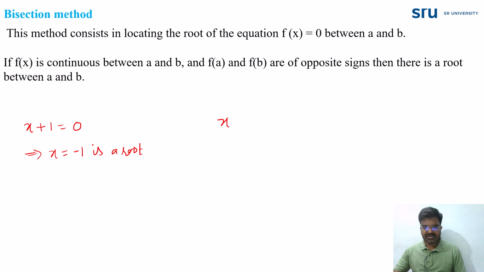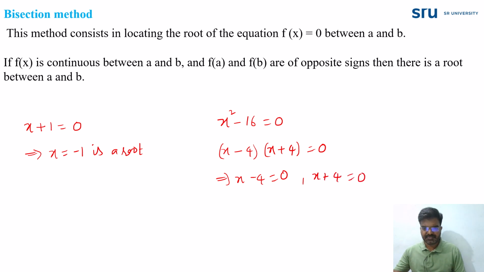Another example, suppose the equation is x square minus 16 equal to 0. What is the root of this equation? It is very simple. We can factorize this polynomial. So what are the factors here? x minus 4 into x plus 4 equal to 0. From this we can write down x minus 4 equal to 0 or x plus 4 equal to 0.